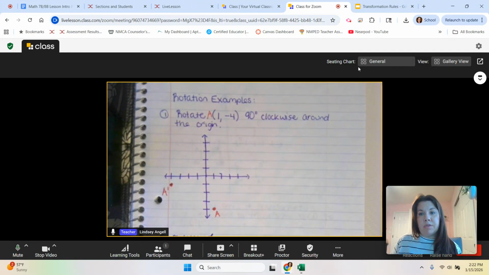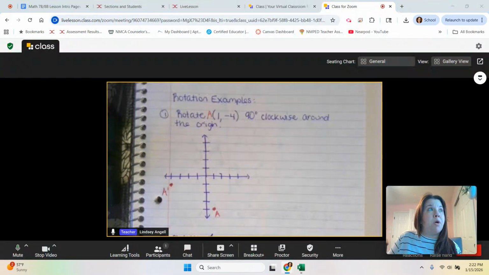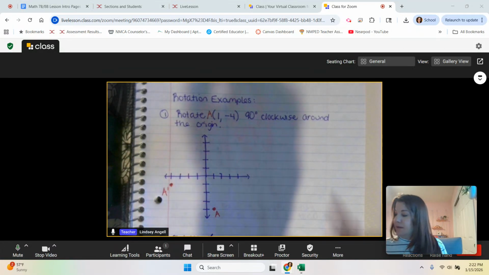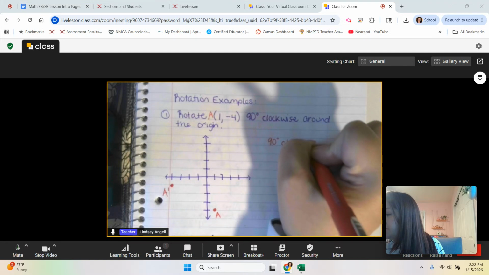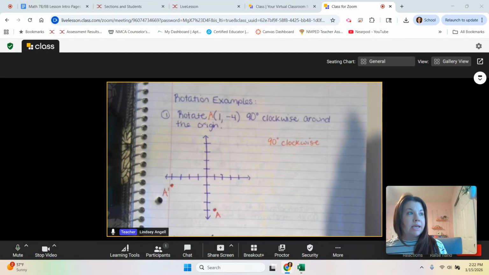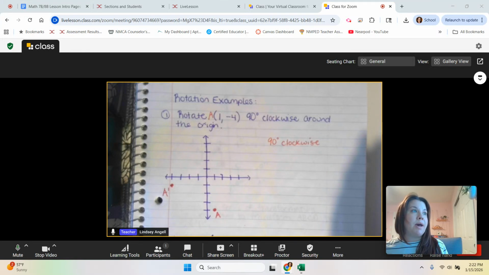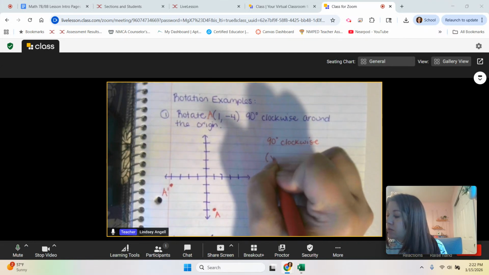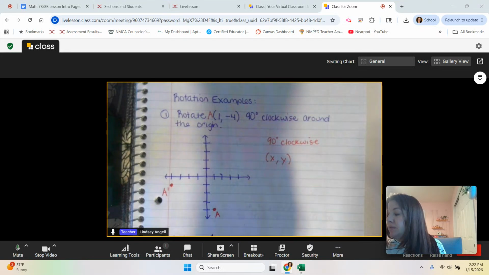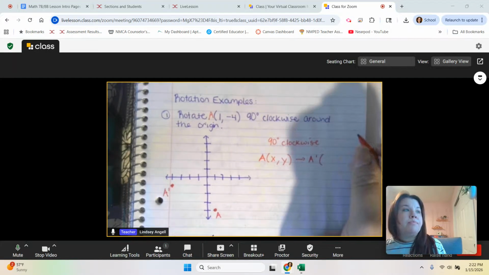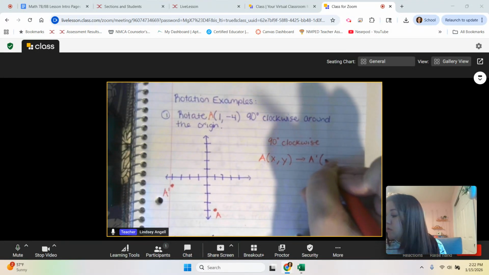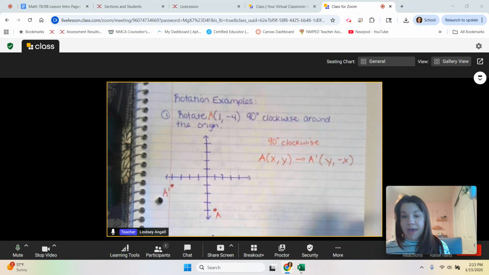Now, if we're considering the rules that we learned, let's look at both ways. Let me pull up the rules because I don't have them memorized. Okay, so for a 90-degree clockwise rotation, the rule that you learned, and that is in your lesson and on the page before this, is that whatever you started with, these are your original x and y's, so this would be like for A, and then A prime would be (y, negative x).